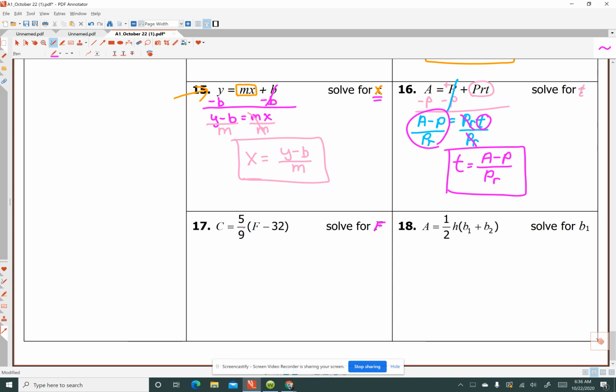So I've got this fraction here. The first thing I want to do is multiply both sides by the reciprocal of the fraction in order to pretty much eliminate that fraction. So the reciprocal of 5/9 is 9/5.